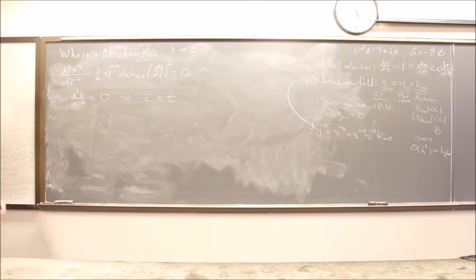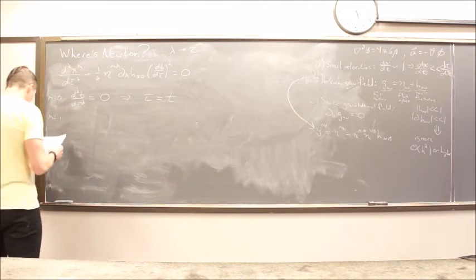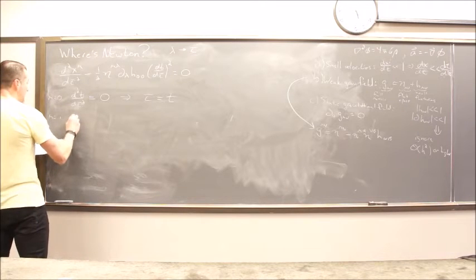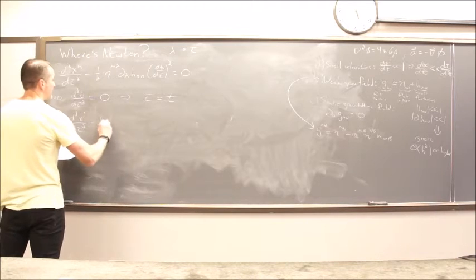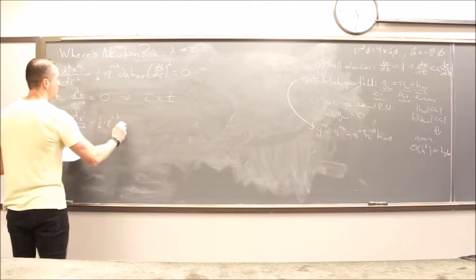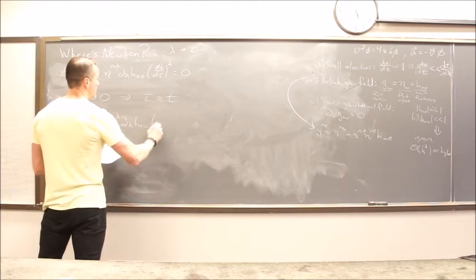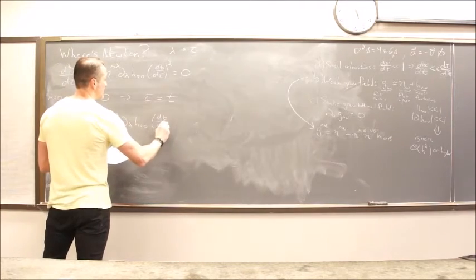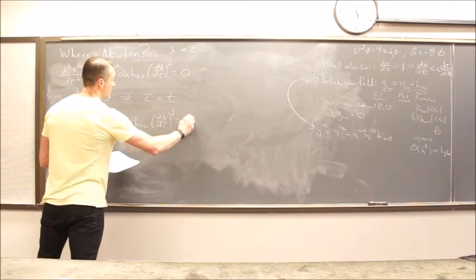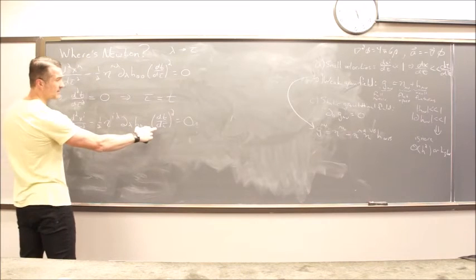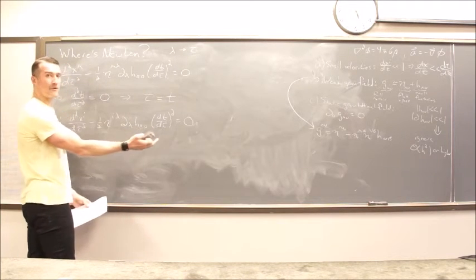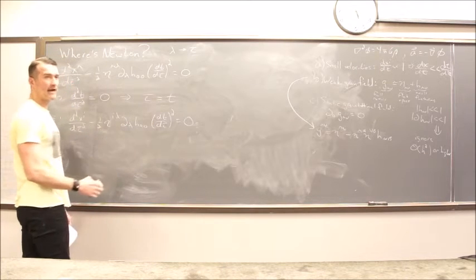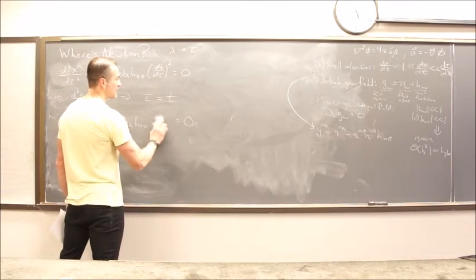So now we turn to the spatial part of this equation. If I just write down what that looks like, d2 xi d tau squared minus 1/2 eta I lambda d lambda h00 dt d tau squared equals 0. Wait a minute, hold on. Do I need to write this? No, because we just decided we were going to set tau equal to t. So I don't even really need to write it.